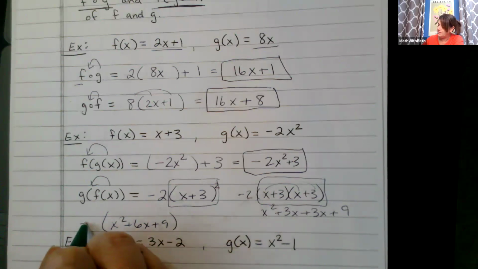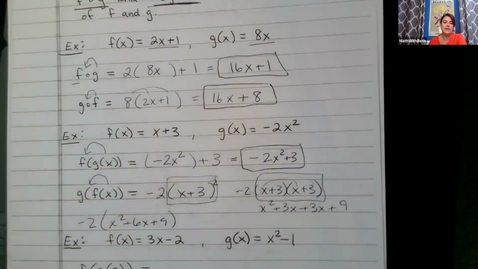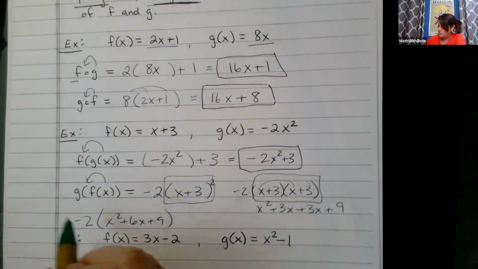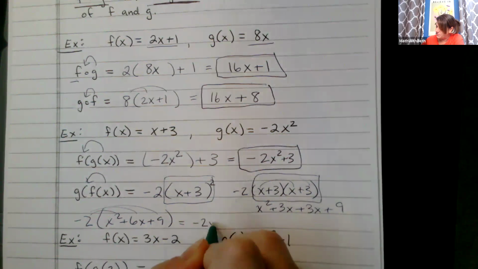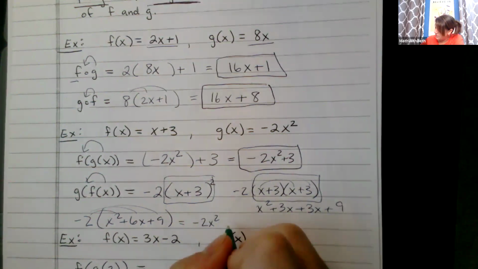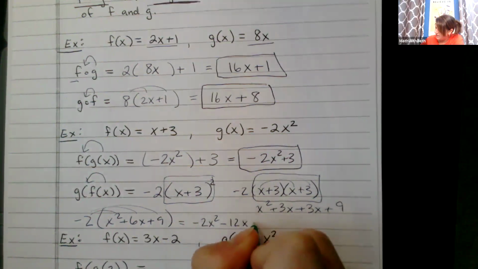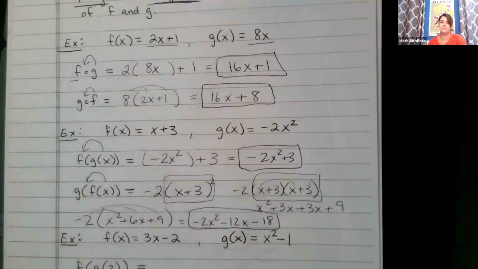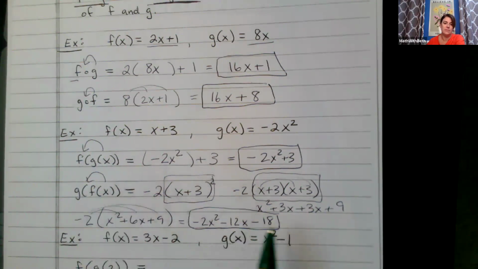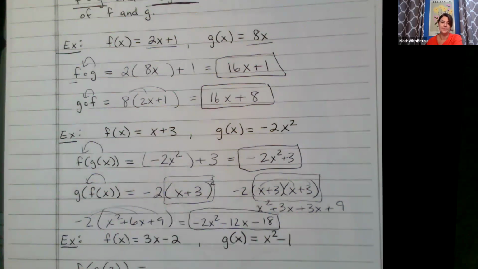But then don't forget, I now need to multiply that by -2. So -2 needs to go to all of those things. The final answer is -2x squared minus 12x minus 18. Definitely make sure you notice how to handle something like this.